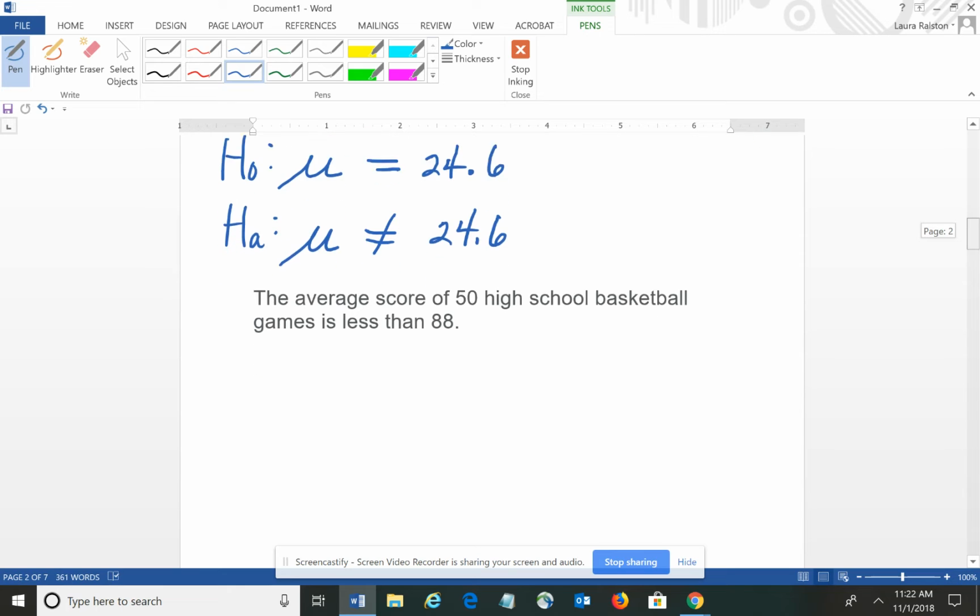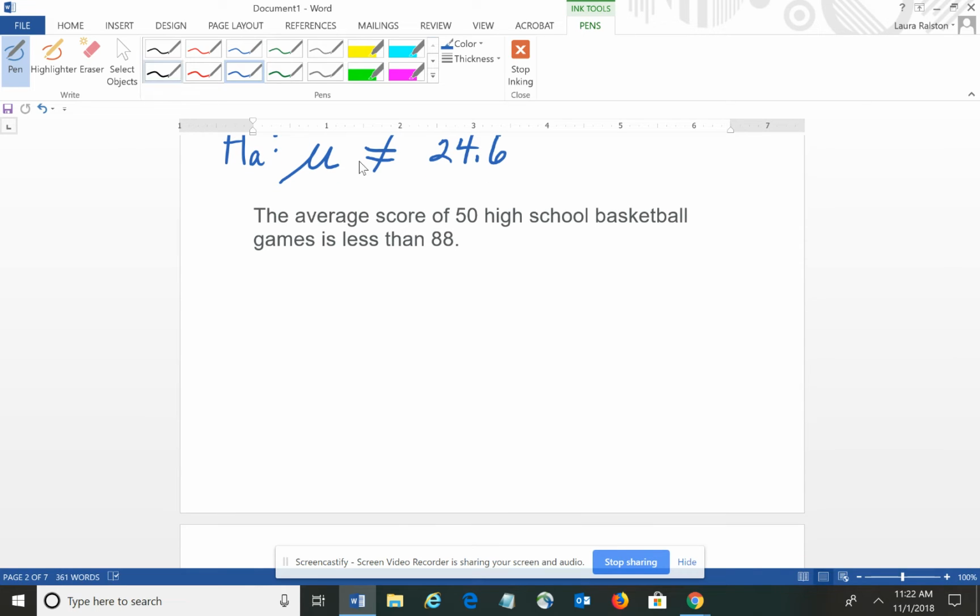All right, the third one. The average score of 50 high school basketball games is less than 88. Again, you have the word average, which tells you the population parameter, and this one says "is less than." And again, I hope that triggers in your mind the symbol in mathematics, less than. So we want to state the null hypothesis and the alternative hypothesis.